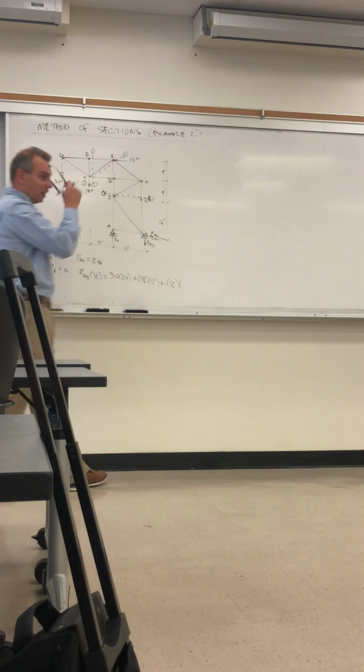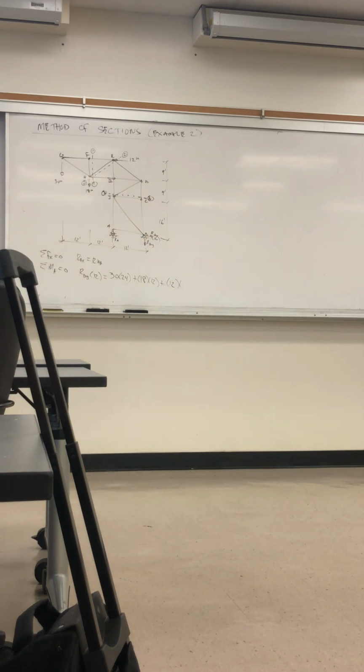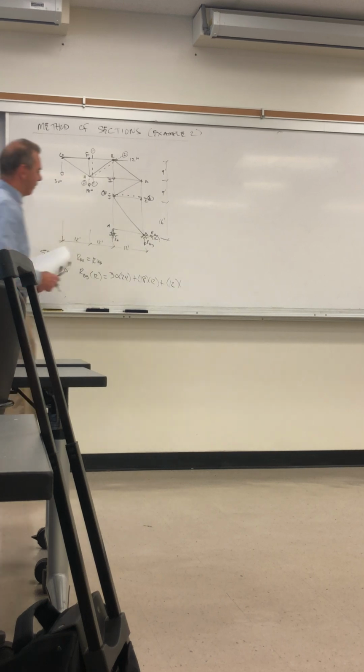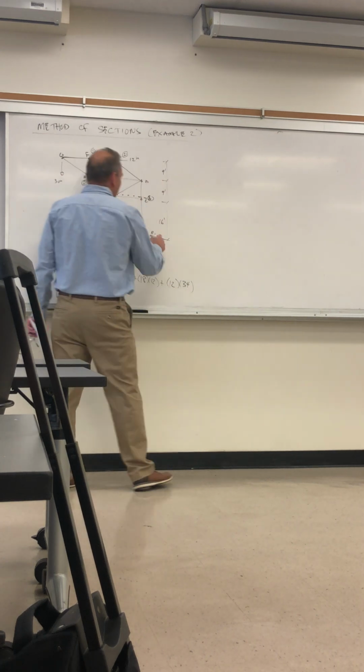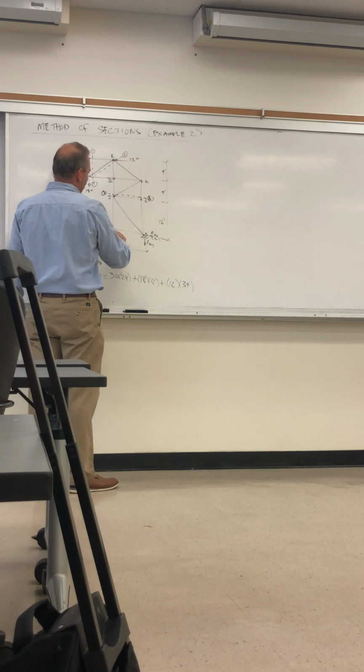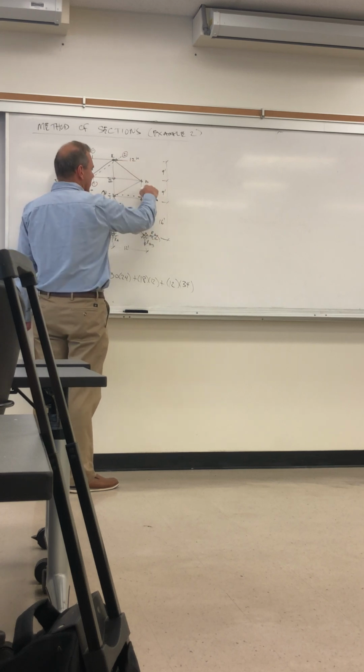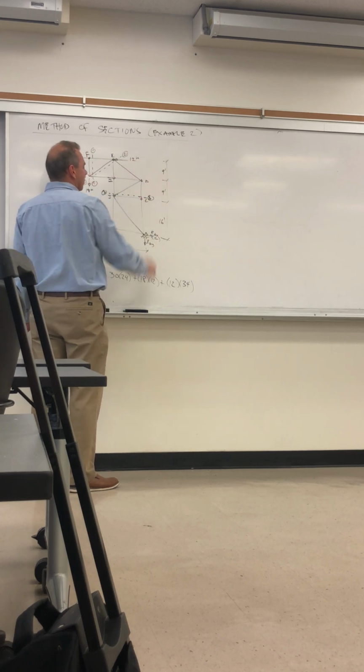12 multiplied by what? 34. Is that right? It's 12 multiplied by the vertical distance. 16 plus 9 is 25, and another 9 is 34.